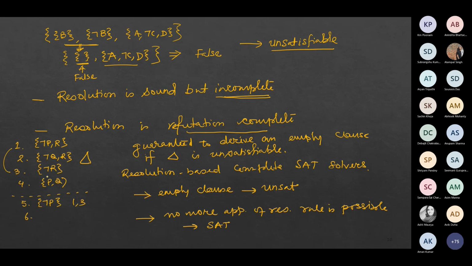Similarly, we can apply resolution over 2 and 3 to get not of Q. And maybe we can check 4 and 5, and we can derive Q. And finally, with 6 and 7, we can derive an empty clause. And that is where we are getting unsatisfiability.